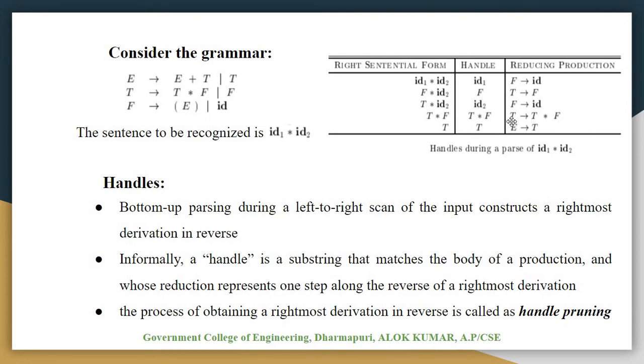The production rule's right hand side that we replace, like T into F replaced with T, we say is the handle. Like here E is replaced with T, so T is the handle. So for this input string, these are the handles: ID1, F, ID2, T into F, and T.